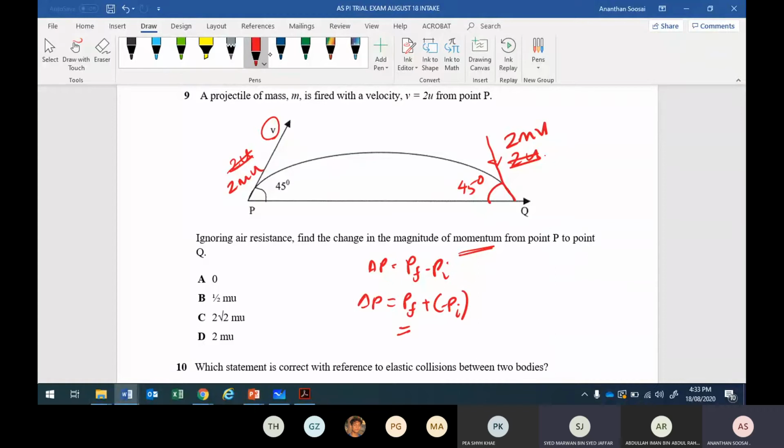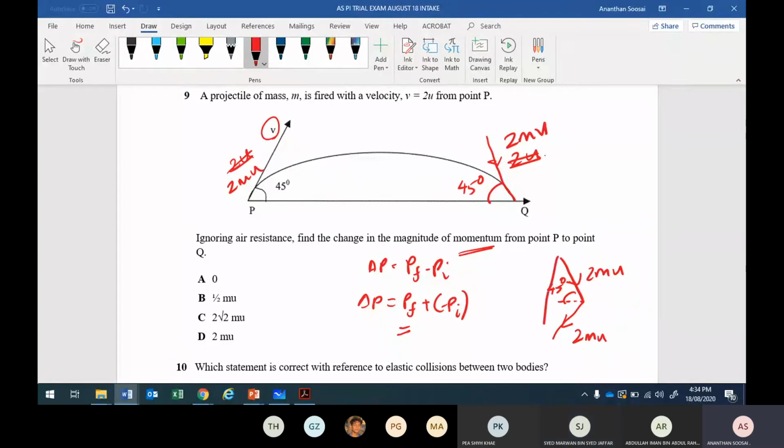So where's your final momentum? In the vector diagram it is going down with 2mu. It makes an angle of how much? 45. Then at the tip here, the negative of the initial, going down, 2mu.